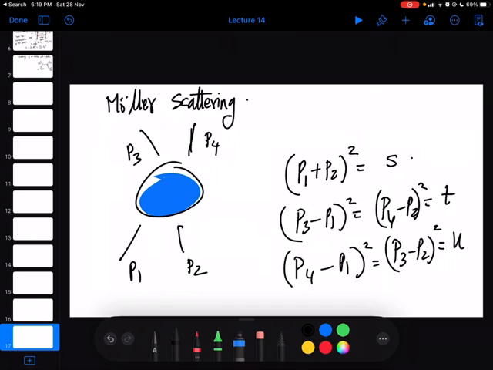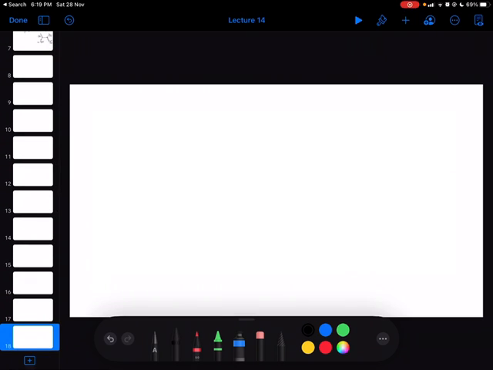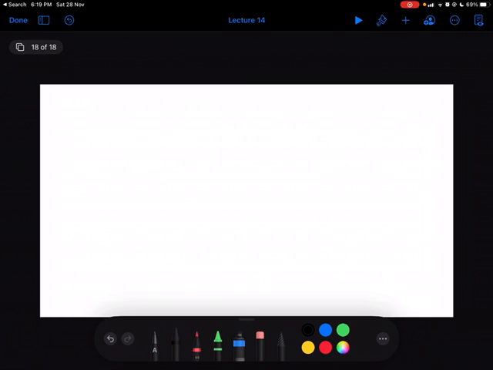So all the 3 channels could be possible in a given process. There is something called exchange symmetry and so on, but anyway, all the 3 channels could be possible. So you look at all possible diagrams which can be possible for a given process. I'll explain what I mean. So let's consider the case of Møller scattering.